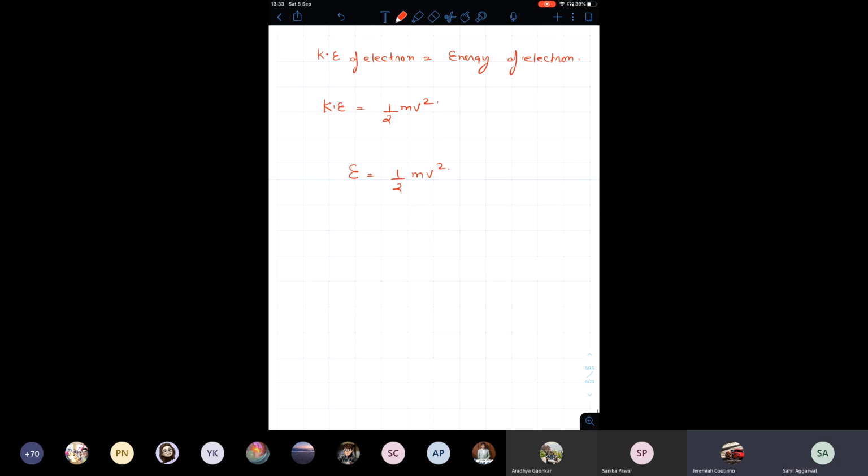If we multiply both sides by m, it becomes half m square v square is E into m. Or we can say 2Em is equal to p square.